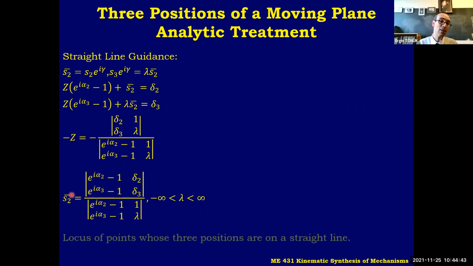So actually, if you just change lambda from negative infinity to infinity, given three positions of a plane, you obtain the locus of points on that plane whose three positions lie on a straight line where you can attach a slider.